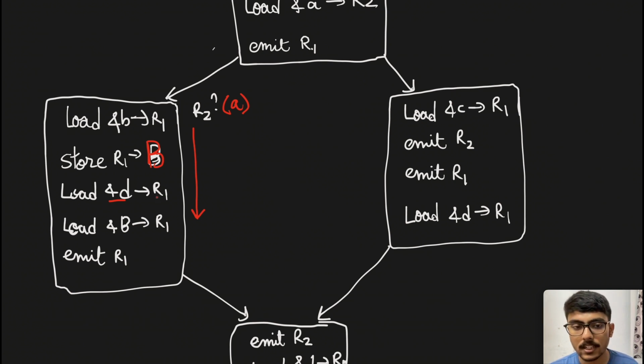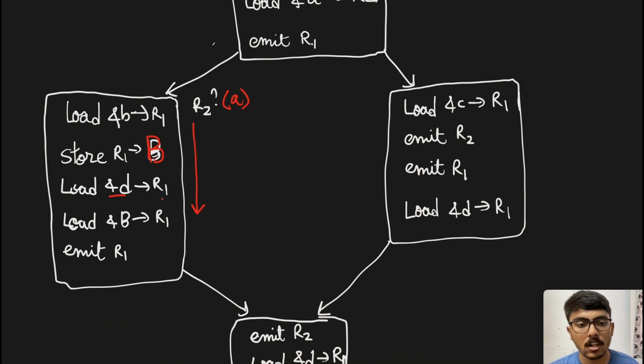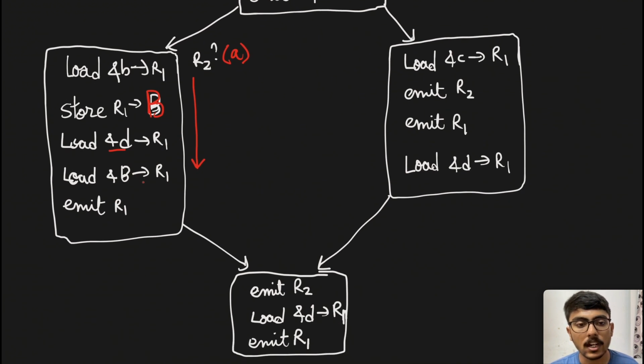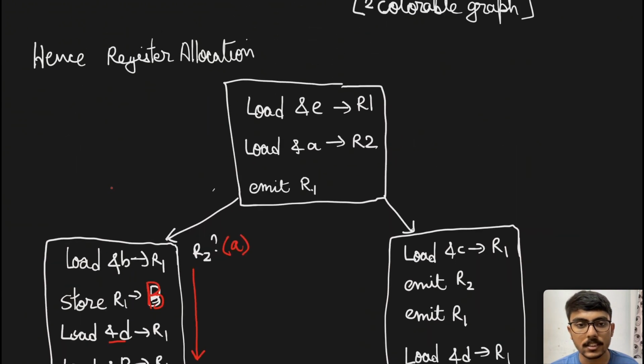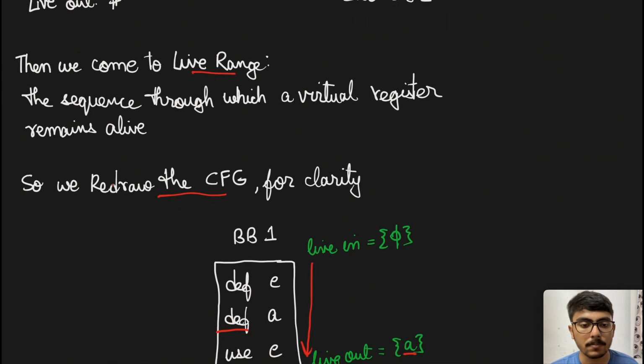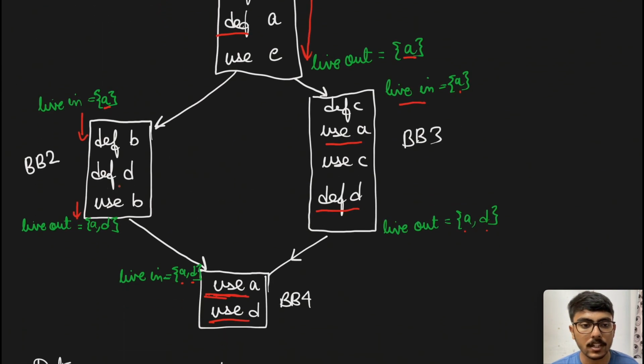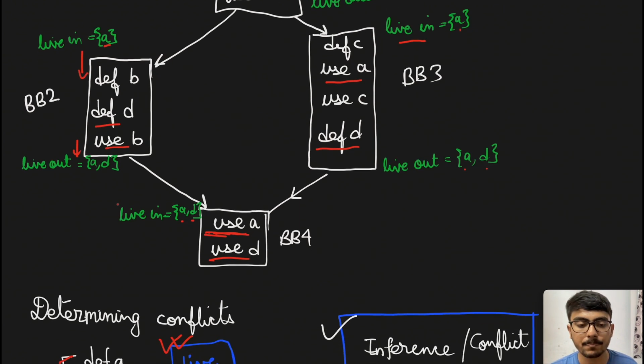You might see that here also R2 remains undisturbed. Then we come down, then we again load B, right? Just as we had in the control flow graph here, we loaded D, then we need to use B, so we will again load B from the memory location we stored into R1.